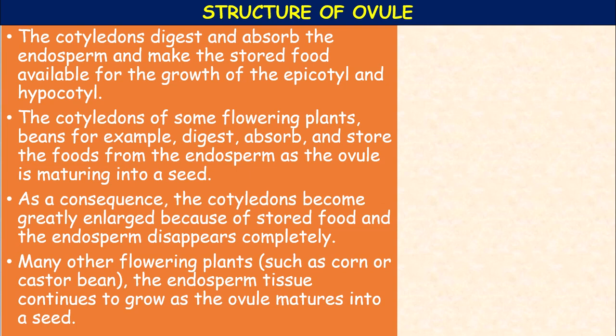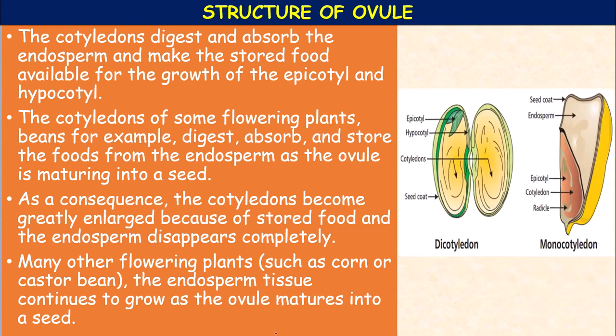Okay, so here dicot and monocotyledon are present. So this is the axis, the embryonal axis. This is epicotyl, hypocotyl. Okay, if you take a monocot seed, this is the maize seed.